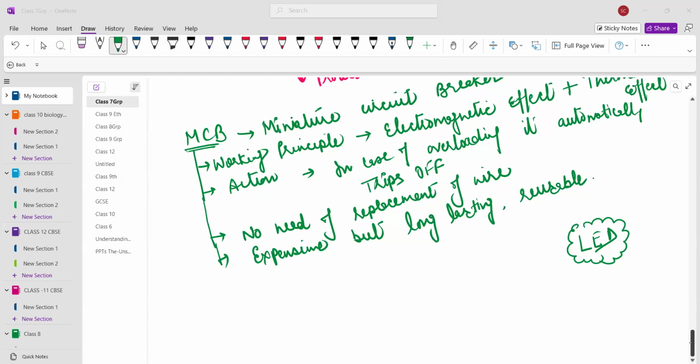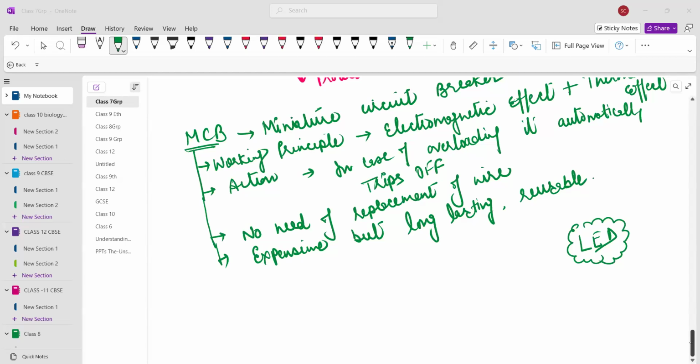So ultimately, you are spending more money on purchasing LED, but the total monthly bill cost will be reduced if you are using LEDs. So one is power usage. Power consumed by LED is much lesser than the power consumed by a normal bulb.